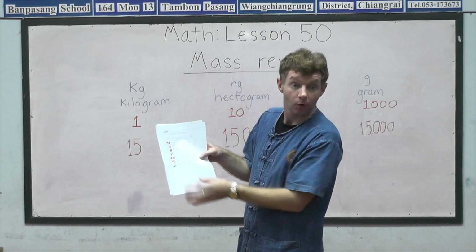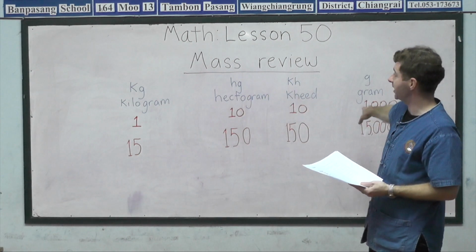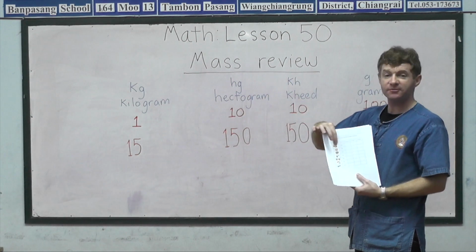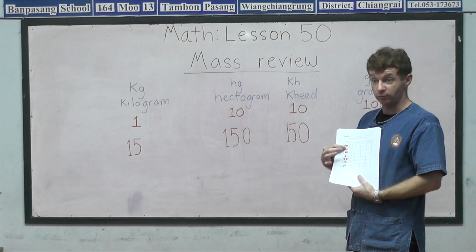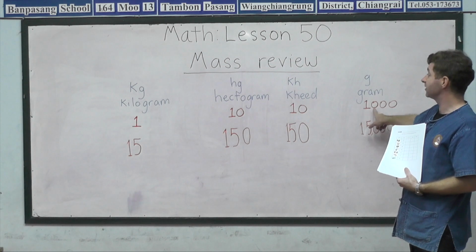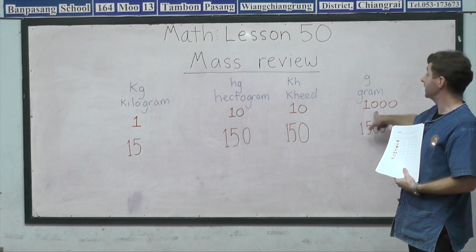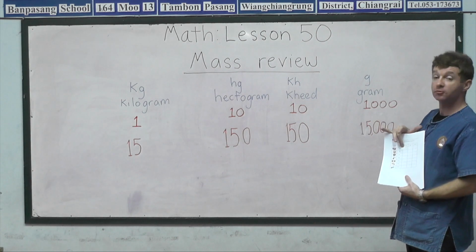Okay? So remember, you have your conversion table on the board. The first one is strawberries. Strawberries, 100 grams. So if 1,000 grams is 1 kilogram, how many hectograms is 100 grams?